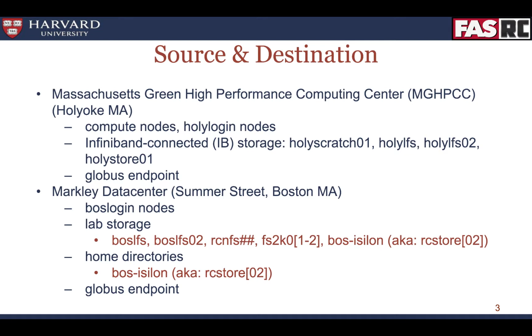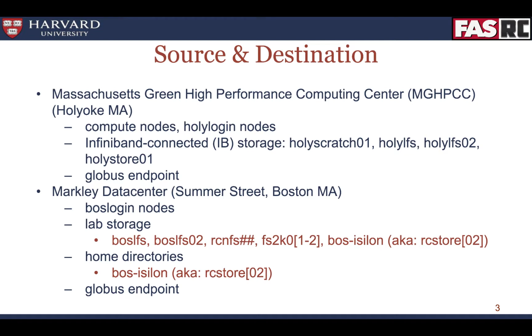Holyoke houses all of the cluster's compute nodes, the Holyoke login nodes, and the global Scratch storage. The Boston Data Center houses the Boston login nodes, a majority of the lab storage, and all home directories. Each data center also has its own Globus endpoint. We will talk more about Globus in a moment.